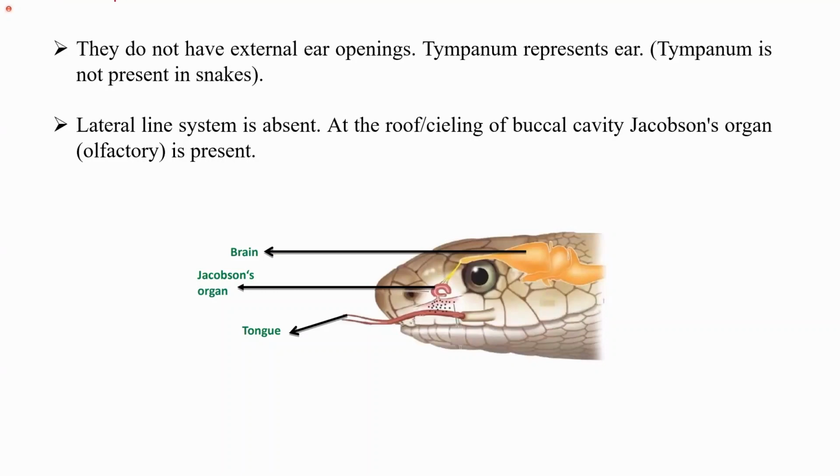They do not have any external ear opening, so the external ear opening is absent. The ear is represented by a very short structure called the tympanum. They do not hear well. The lateral line system is absent in these animals, and at the roof, there is a very important structure, the Jacobson's organ.